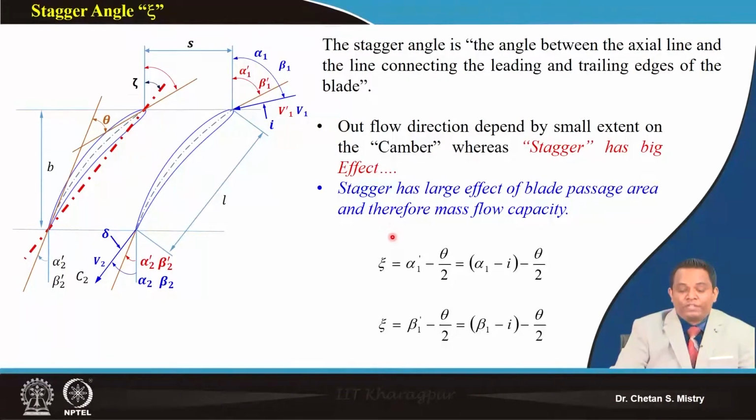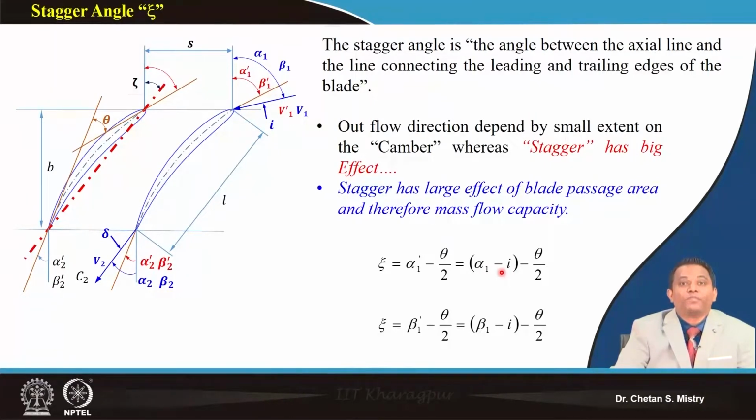If we say the stagger angle is given by alpha 1 dash, you can say this is my original angle or the blade angle, minus theta by 2. So that is what is taken care of. Here it may be a negative incidence angle or a positive incidence angle. Here it says positive incidence, so that is why it is alpha minus incidence. If I have negative incidence, it will be alpha 1 minus incidence angle.